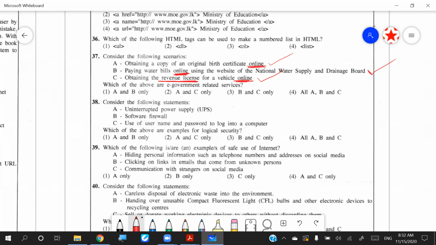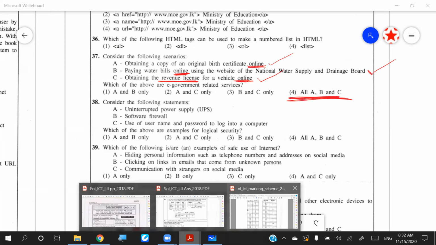There should be government related institutes, like the electricity board, water board, municipal councils, secretarial offices, ministries. So all can be taken as correct ones.